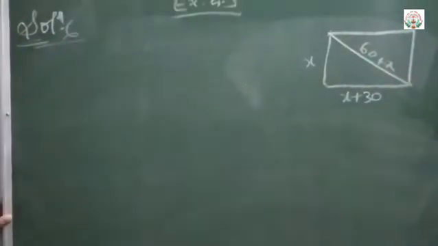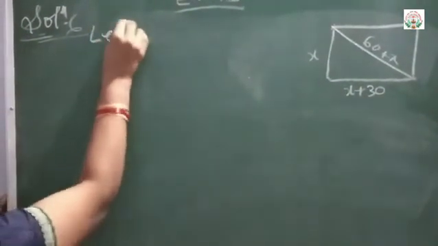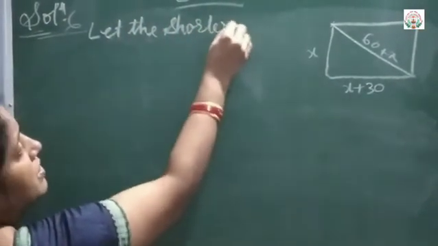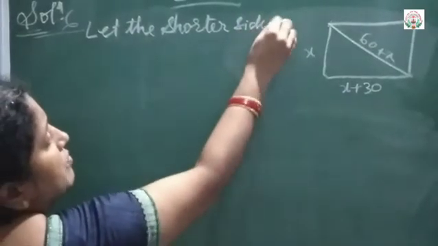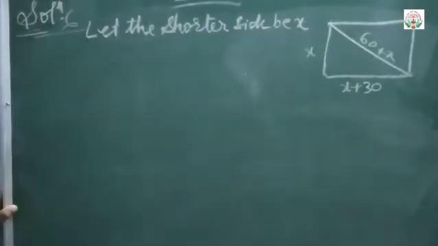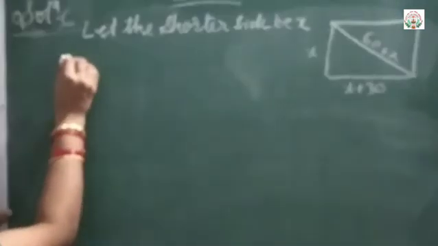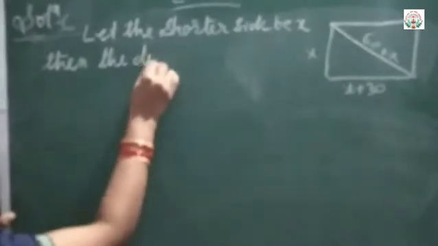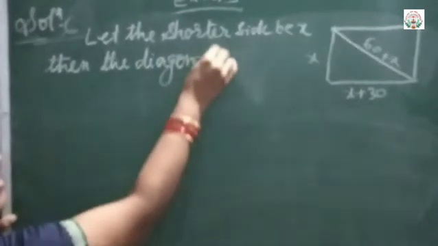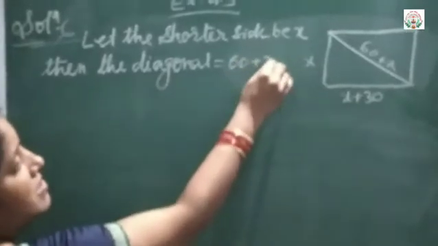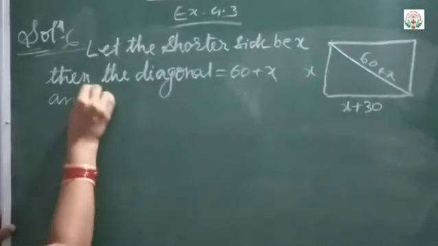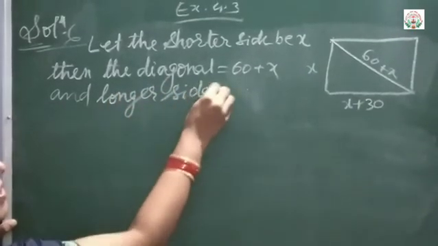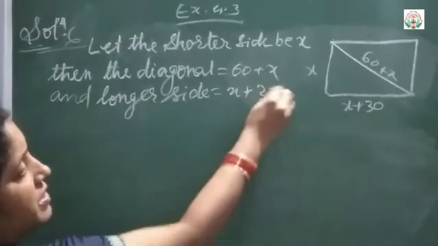Now the Pythagoras formula you will use. So you can write here, let the shorter side be x. Then the diagonal equals 60 plus x, and the longer side equals x plus 30.